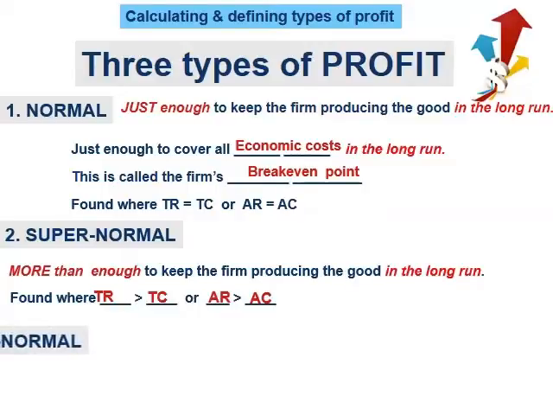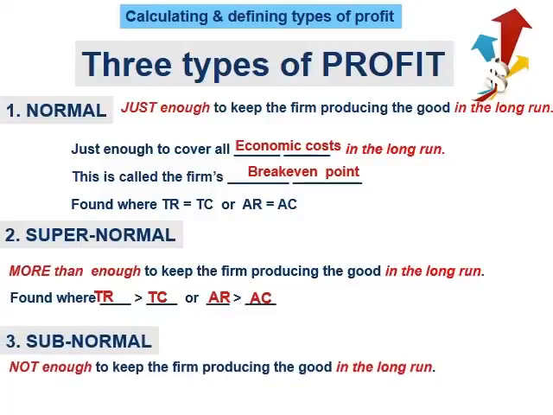And subnormal profit, sub of course meaning below, is not enough to keep the firm producing the good in the long run. They would leave the industry. So total cost is greater than total revenue. On the graphs, AC is above AR or price at the profit maximizing output.